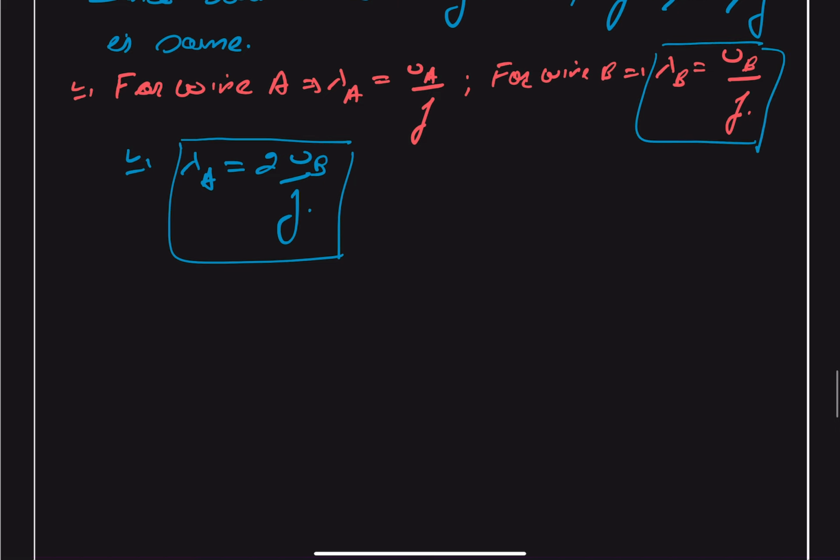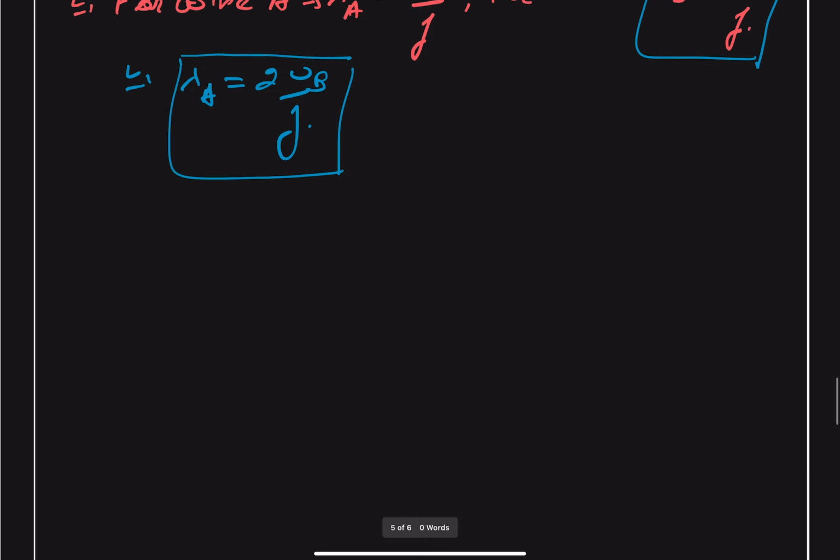And in the question it is given that wire A is having P number of antinodes and wire B is having Q number of antinodes.